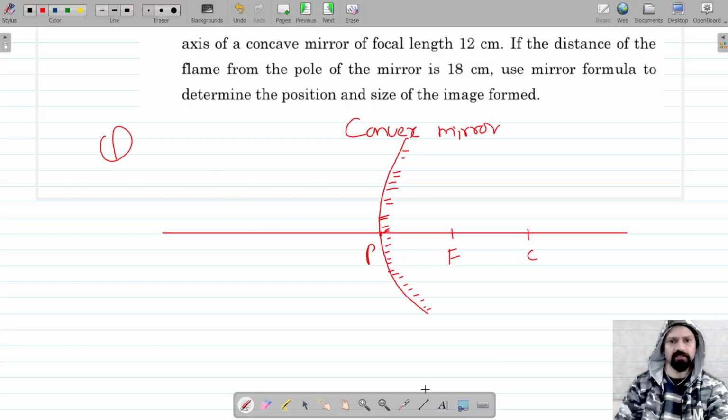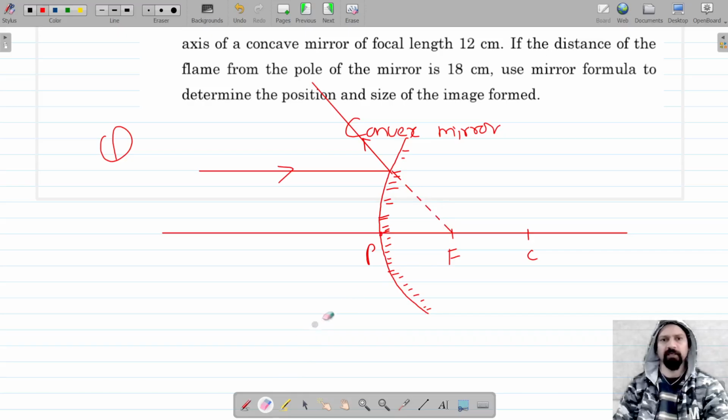A ray of light coming parallel to the principal axis will be reflected and will be seen to be coming from the principal focus. So this is the path of the ray of light, and it will appear as if it is coming from the principal focus.